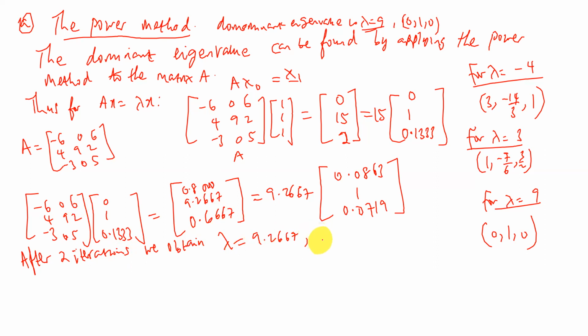We got an eigenvector, which is 0.0863, 1, that is the eigenvector, is this one here, 0.0719. After those 2 iterations.